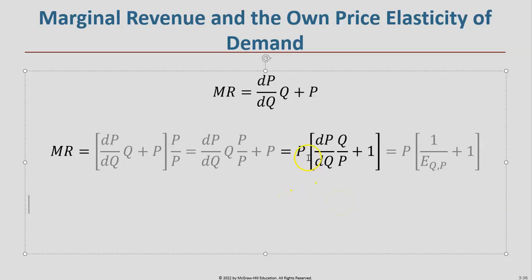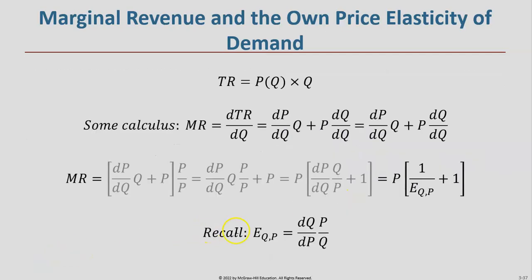Okay, and once we factor out price, we have dP/dQ multiplied by quantity over price. And when we factor out price, the second term becomes a 1.